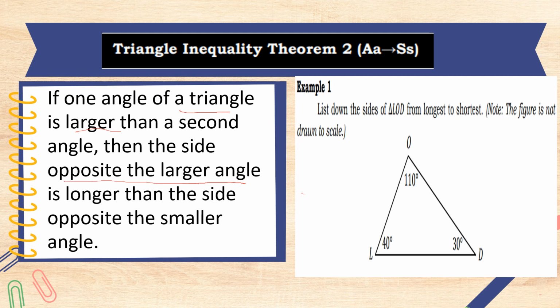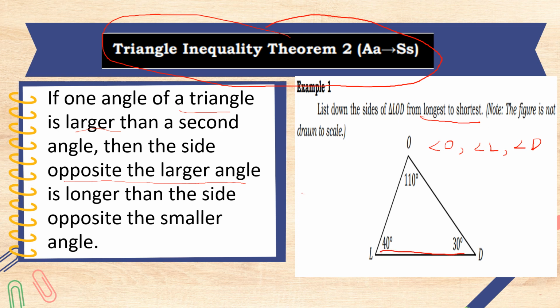Now, for us to list down the sides of the given triangle from longest to shortest, let us consider the measurements of each angle. Considering the measurements of each angle, O is the largest angle, followed by angle L. Then angle D is the smallest. Applying the triangle inequality theorem, the side opposite the largest angle is the longest side.